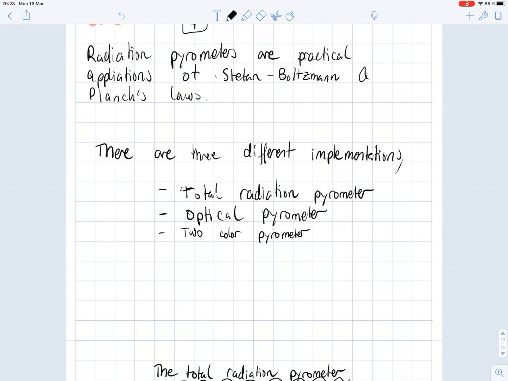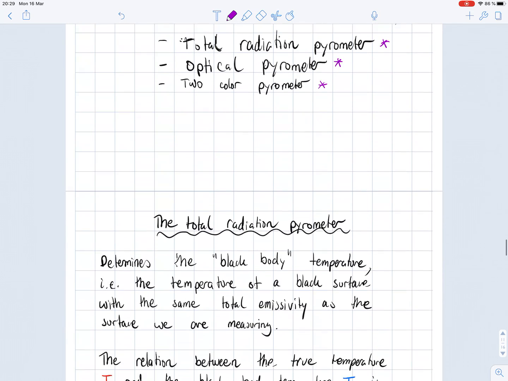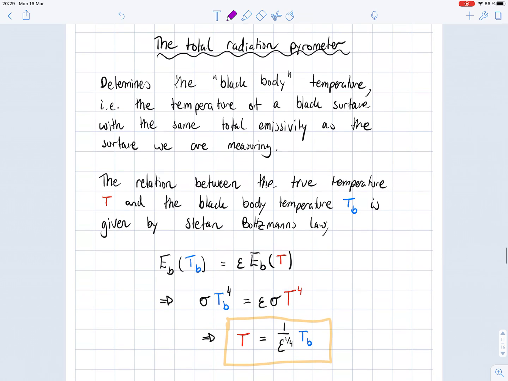There are three different implementations, at least three to my knowledge. We have a total radiation pyrometer, we have the optical pyrometer, and we have a two-color pyrometer. And we will look into the details of each of these at the end of this lecture. We'll start with the total radiation pyrometer because it's the simplest one, thereby also the cheapest one.